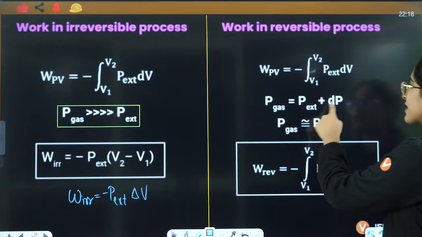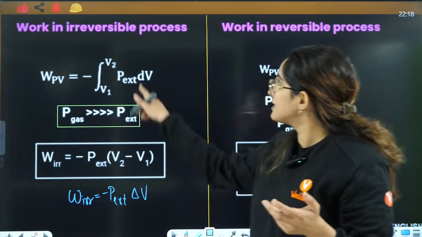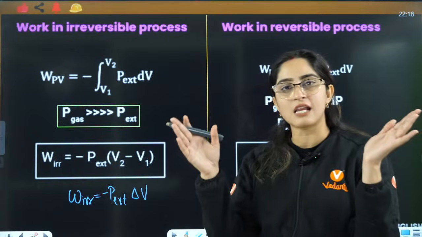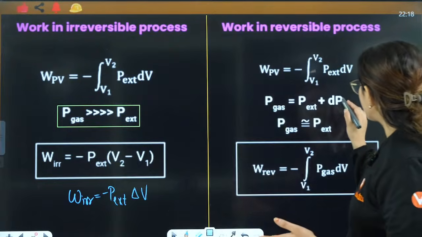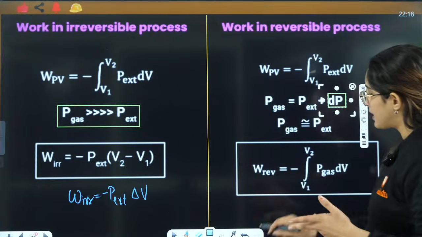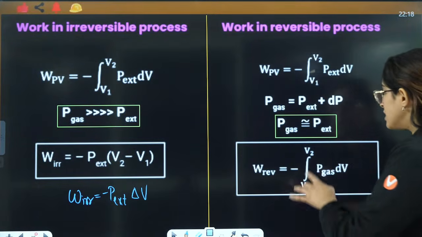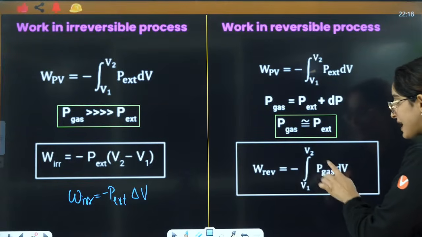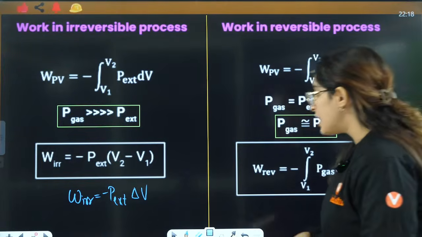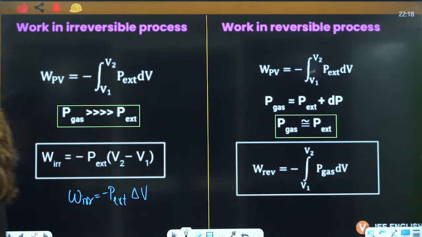Because in the irreversible process the change is large, the pressure of the gas is quite large. But in this case the change is dP, which is very small, that's why pressure of gas and external pressure are quite similar. So you can replace the external pressure with pressure of gas as well, and you can have this formula here. Tell me if that is clear.